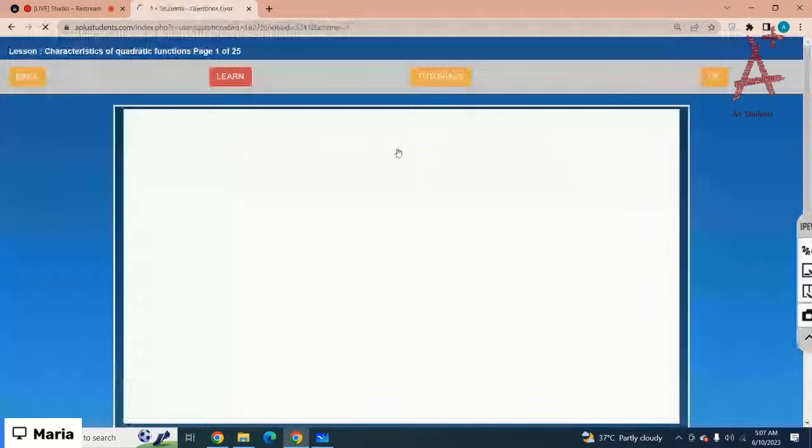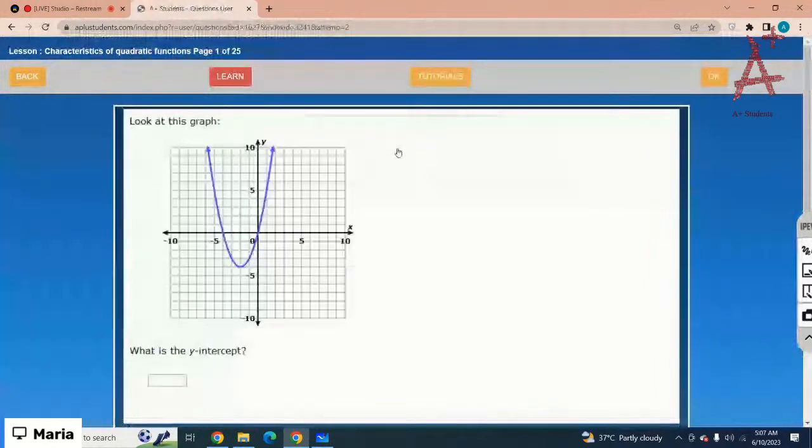Okay, look at the graph. What is the y-intercept?